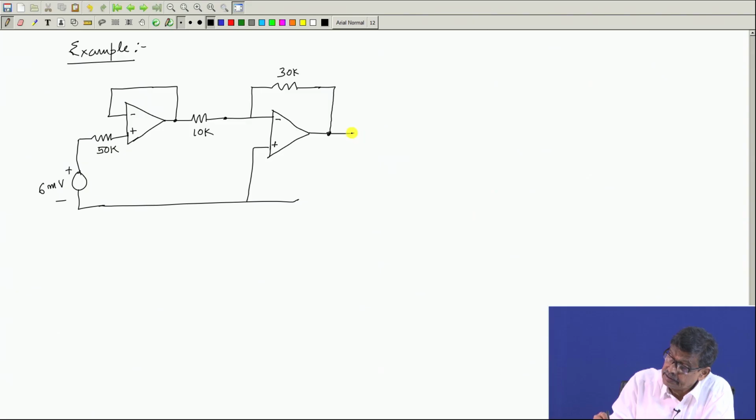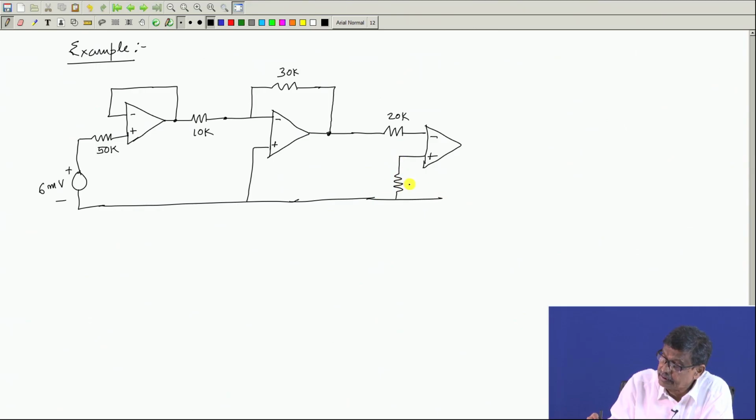And then you have a third op amp, 20K has been connected, and this op amp looks like this, minus plus, and this is a 40K resistance, and this output voltage is here for this whole thing.